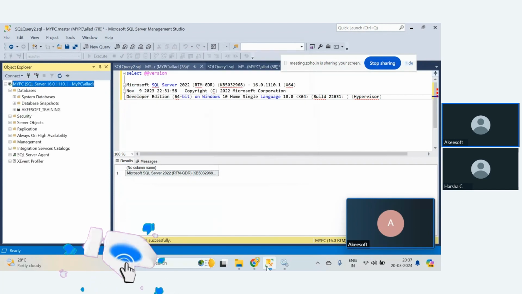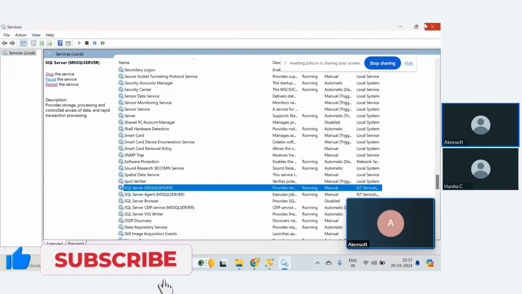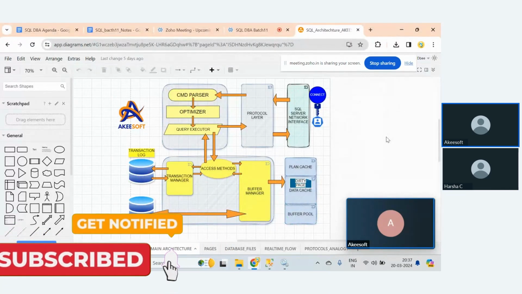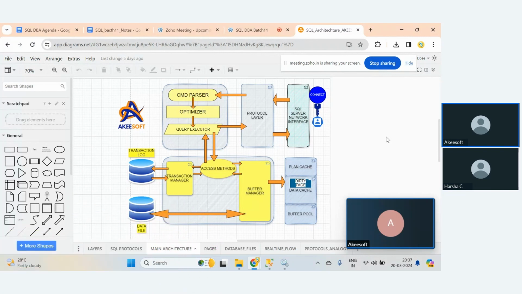But what is happening in the background is the interview question. They want to understand how much understanding you have of the architecture and what is happening in the background.